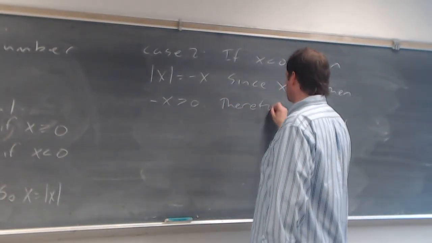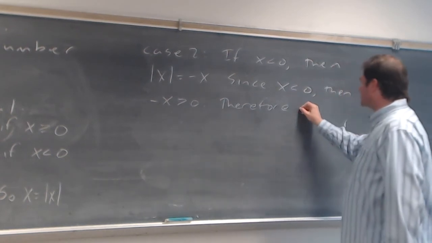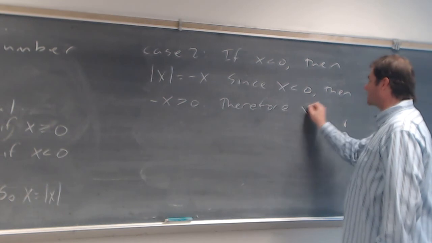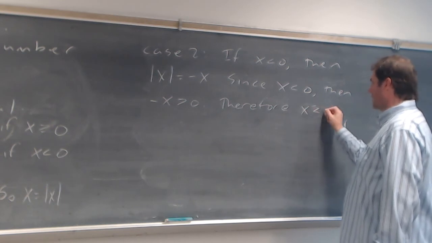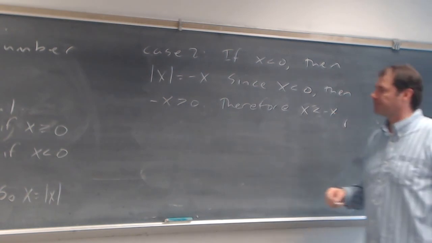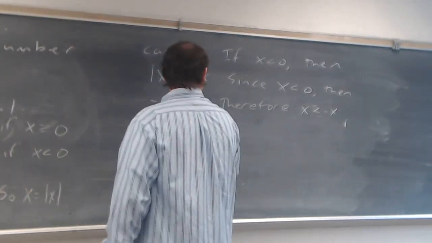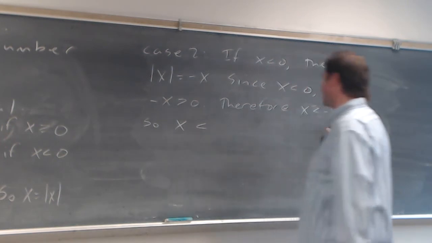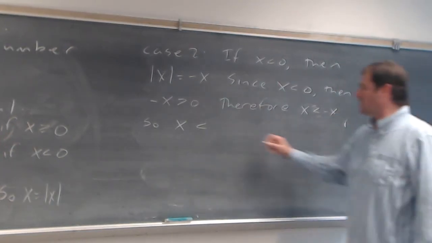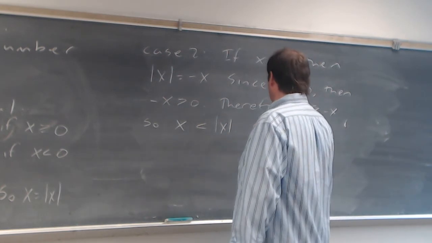Therefore, what we have is that x is going to be less than minus x. This one's less than 0, this one's bigger than 0. And don't forget, in this case, minus x is equal to the absolute value of x. So we have x is less than the absolute value of x.